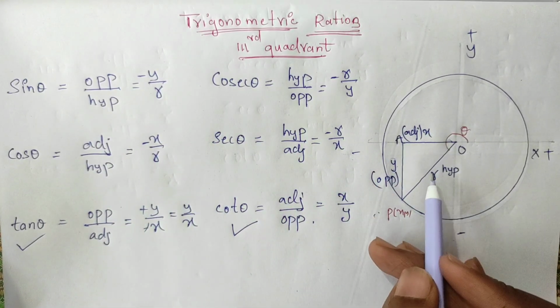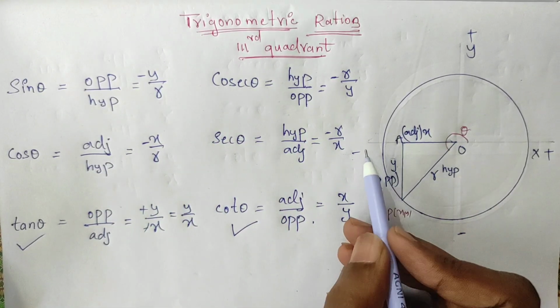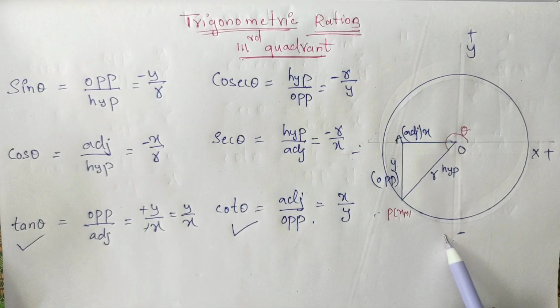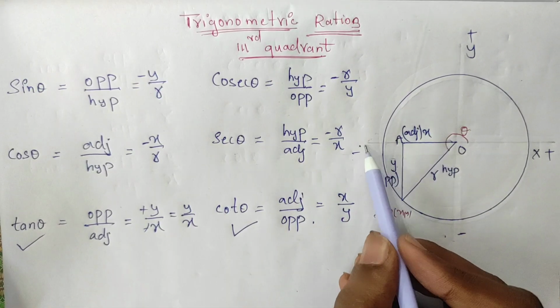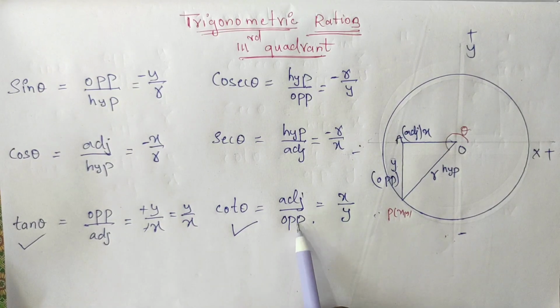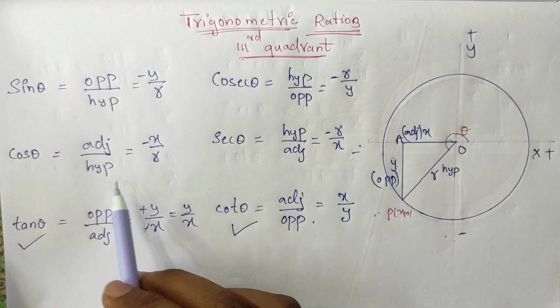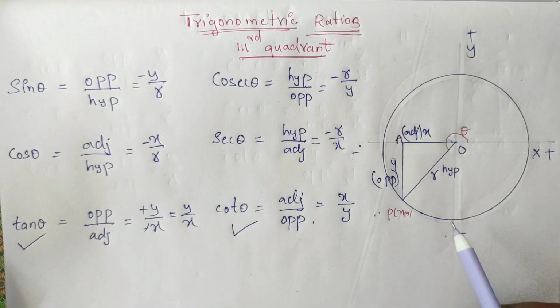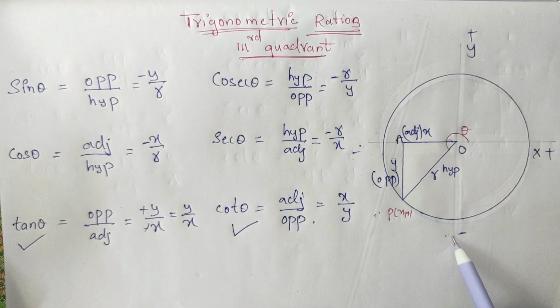So in the third quadrant, when theta lies between 180 to 270, only tan and cot are positive and the remaining 4 are negative.